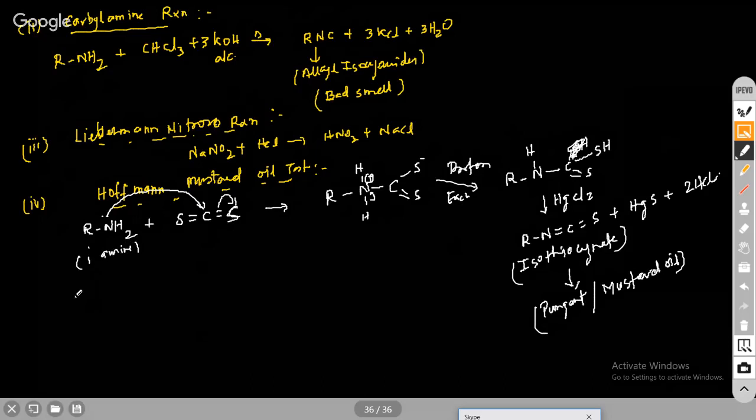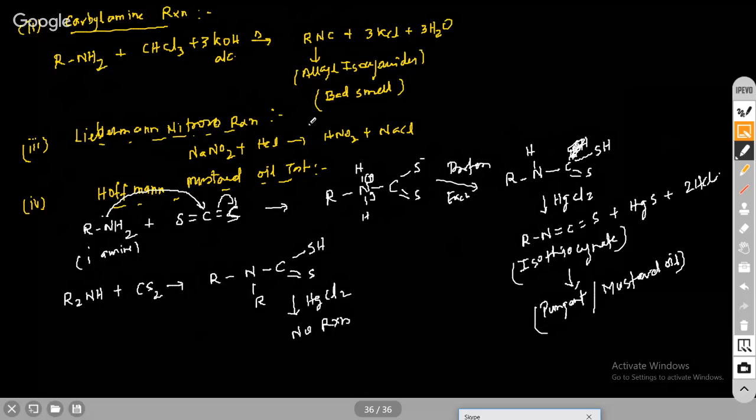For secondary amine, you see if you have R2NH reacts with CS2, in short I'm writing down now, it will be R2NCSH double bond S. After this, when you put HgCl2, then there will be no reaction since nitrogen does not contain any hydrogen here.